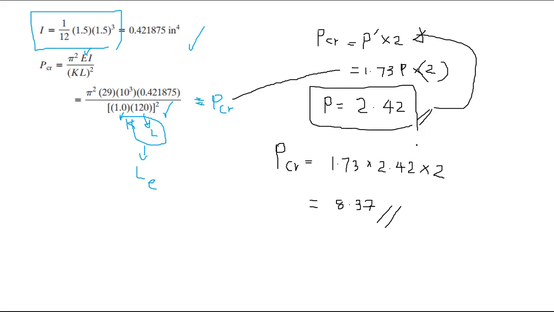So if you apply P, let's say it's like this, so this is 2.4 times 8. That means this is 1.73 times 2.42, right?